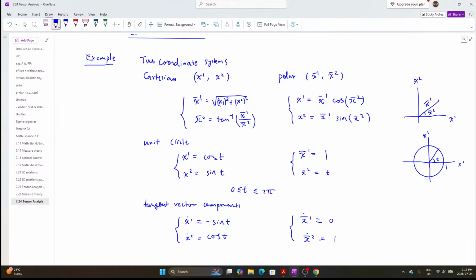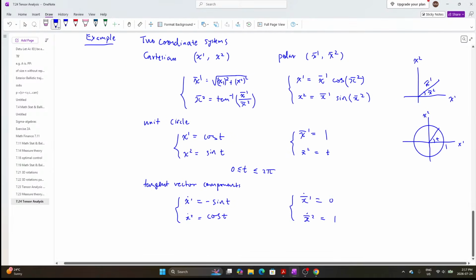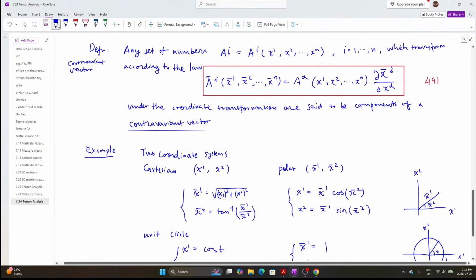So according to the transformation law, what should these two tangent vectors satisfy? We need to verify the law, which is x bar dot i. Here you see in the definition, i is a free index.